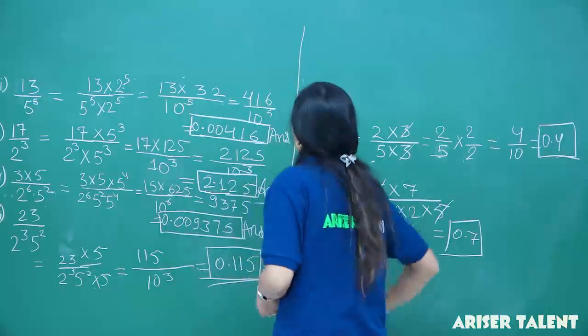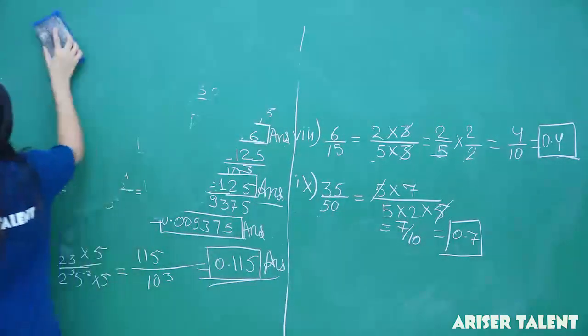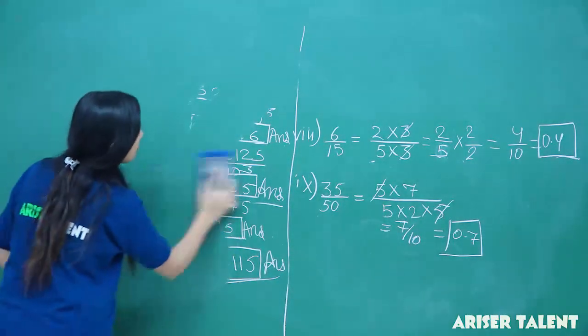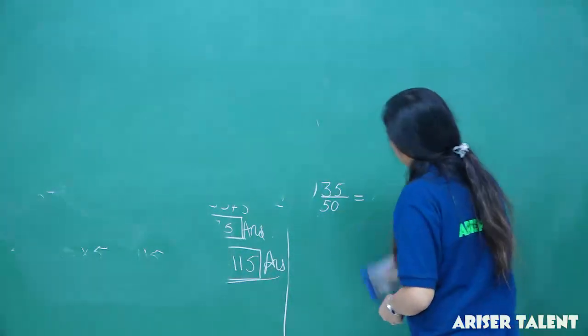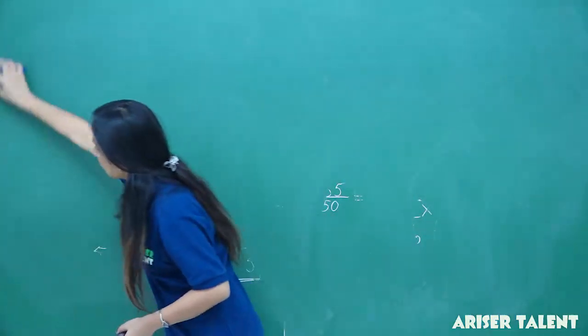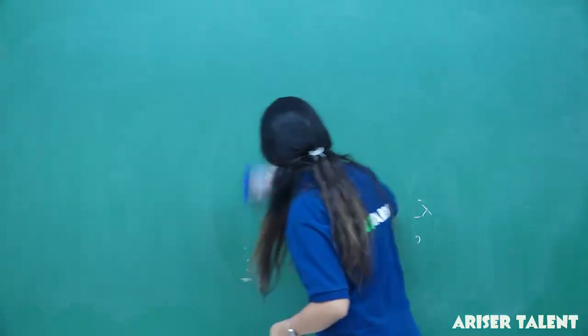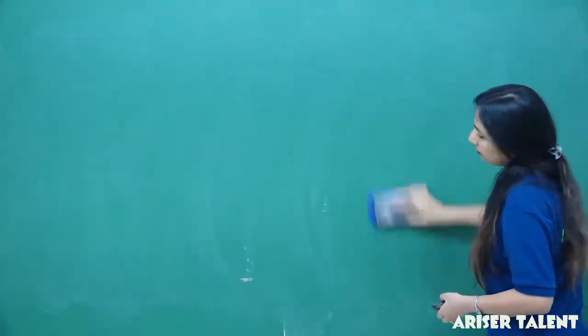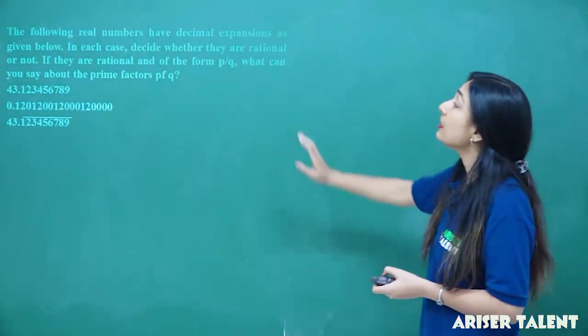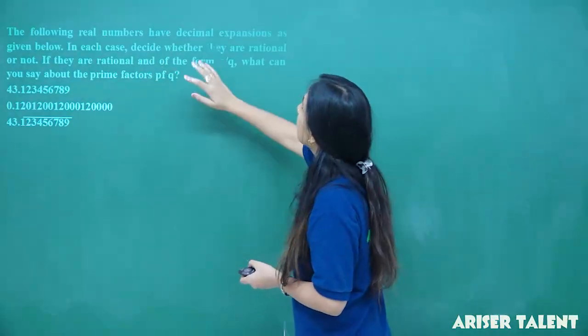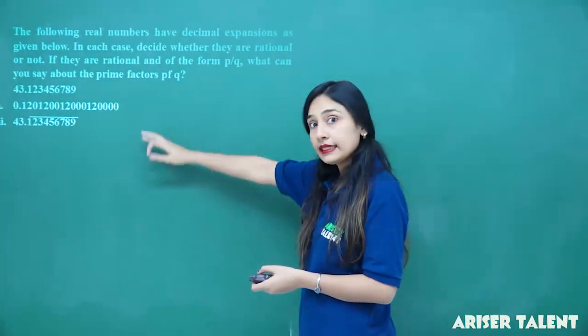Now, this is the next question. The following real numbers have decimal expressions as given below.